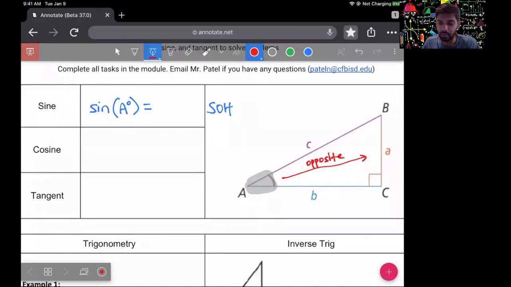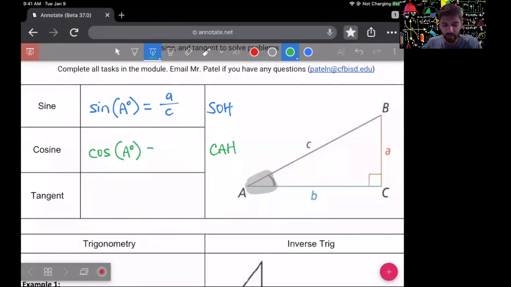So opposite over hypotenuse is A over C. For cosine, we use CAH. Cosine is adjacent over hypotenuse. So cosine of angle A is equal to, now adjacent means next to, and we already know C is the hypotenuse, so the other side that's next to angle A is this side B right here, adjacent.